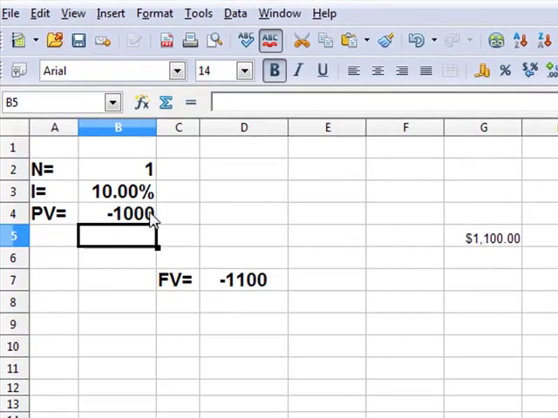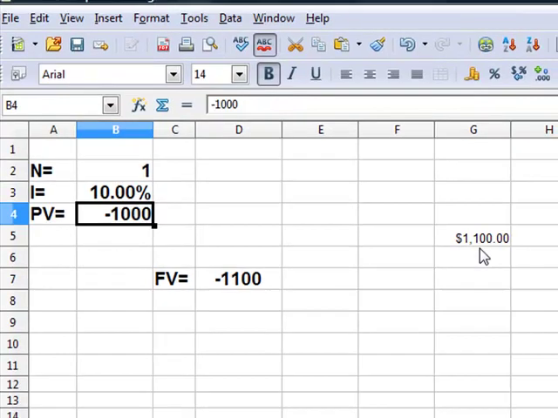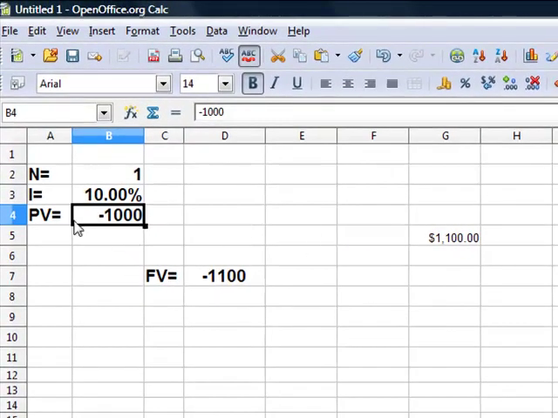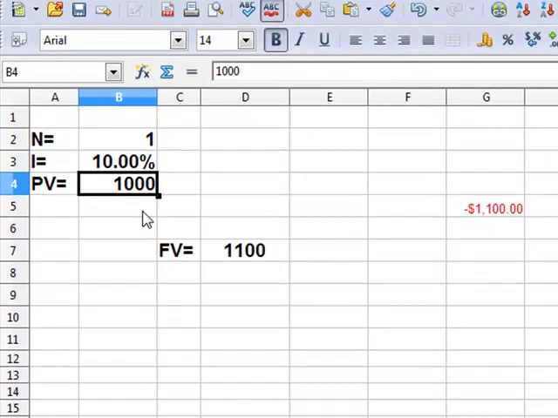So basically, your calculator just has to make the assumption that one of these is an inflow and one of these is an outflow. Because your calculator can't say, oh, well, we're going to get $1,000 today, and we're also going to receive $1,100 next year. It just doesn't make any sense. So one of these has to be negative. And so again, if you use the calculator, you're going to see that. So just be aware of that.